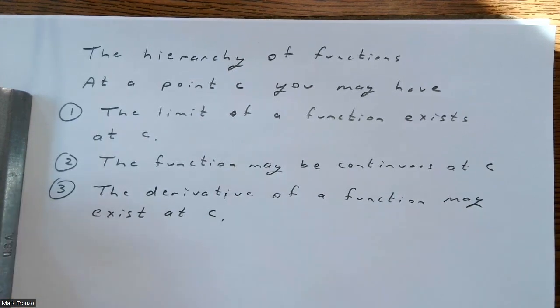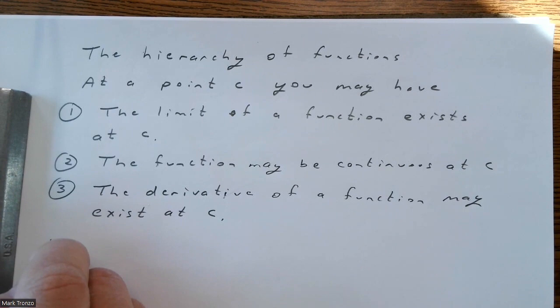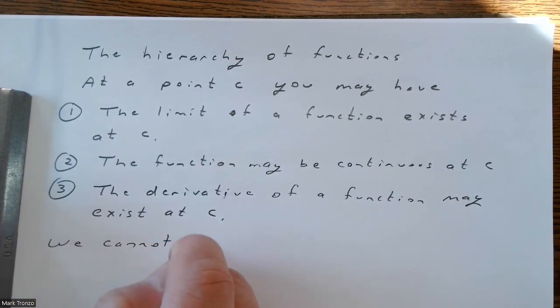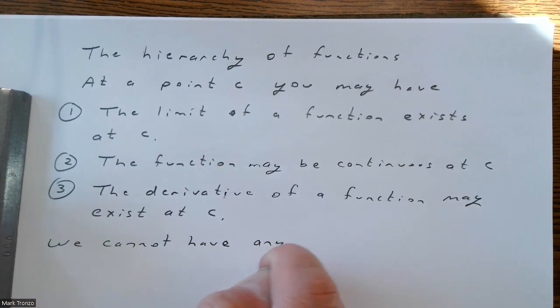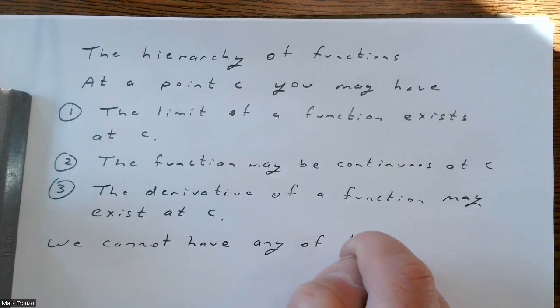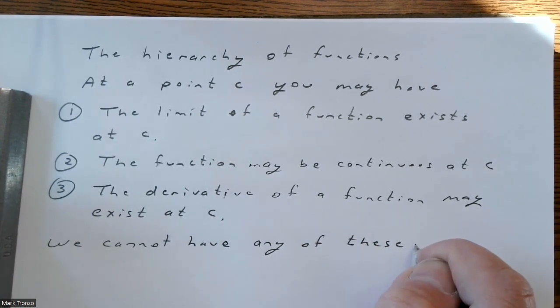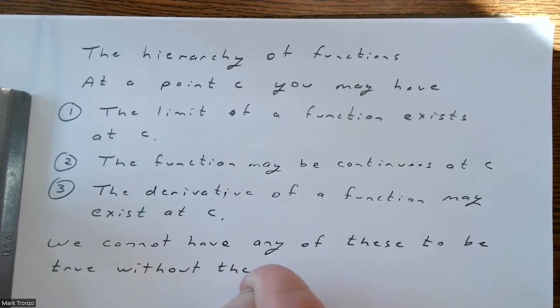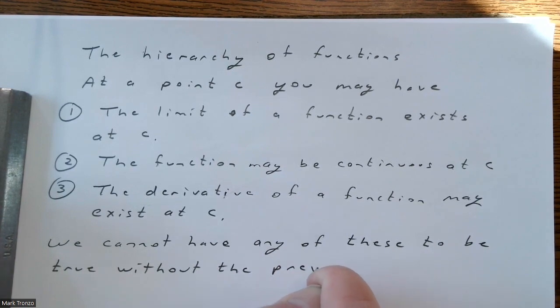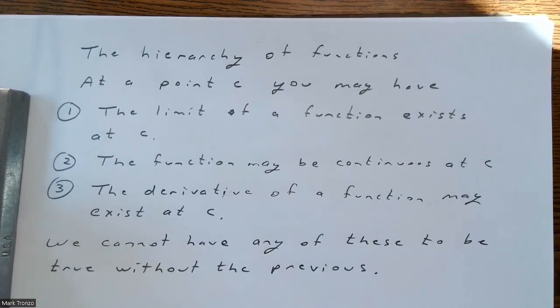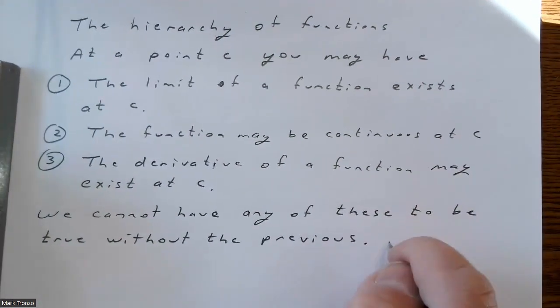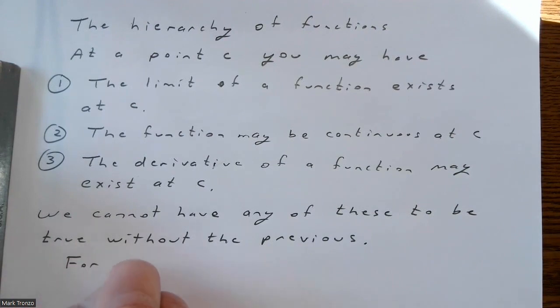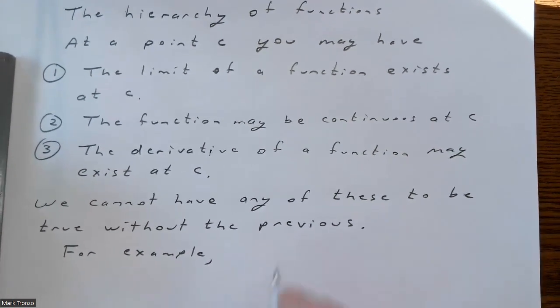We can't have any of these without the previous. For example, a function cannot be continuous at c without the limit existing.